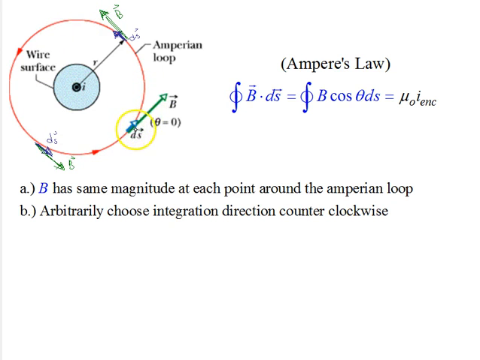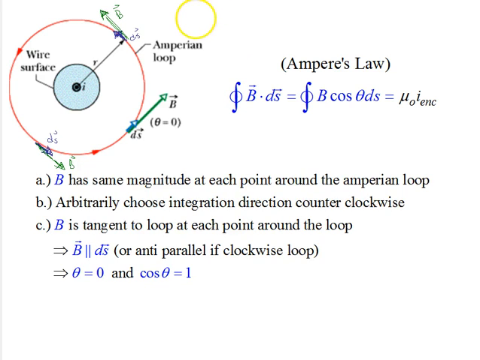We arbitrarily choose our direction of integration as counterclockwise in this case. And our magnetic field is going to be tangent to the loop at each point. We know that from the law of Biot and Savart. So our magnetic field is parallel to ds, or anti-parallel if we chose our Amperian loop to be clockwise instead.